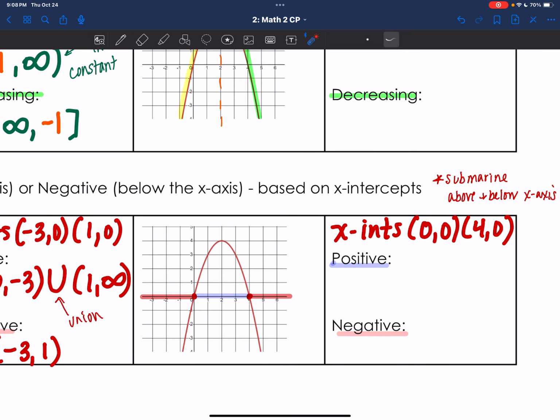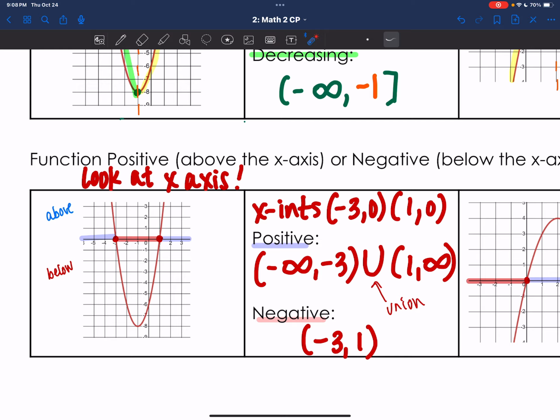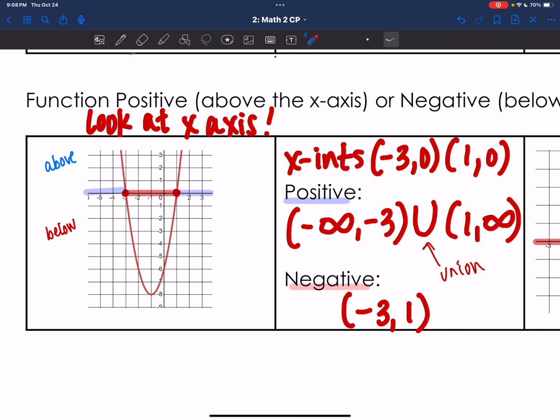So I like to think of this as like a submarine going either above or below the x-axis. So if you're looking at your x-axis, think of where you're here, it's above. From your x-axis, from this point on, it's above. So what we did here, that would be your positive.